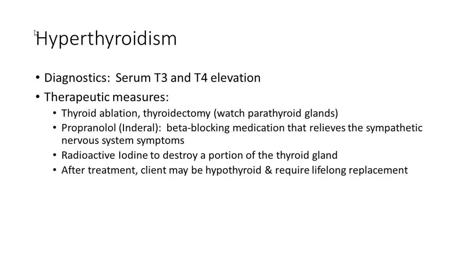Because remember, when they're not working right, they grow bigger to try and work better. And after the thyroid's ablated, taken out, destroyed, whatever, these people are usually going to be on Synthroid, so that they can have normal thyroid function after their treatment.